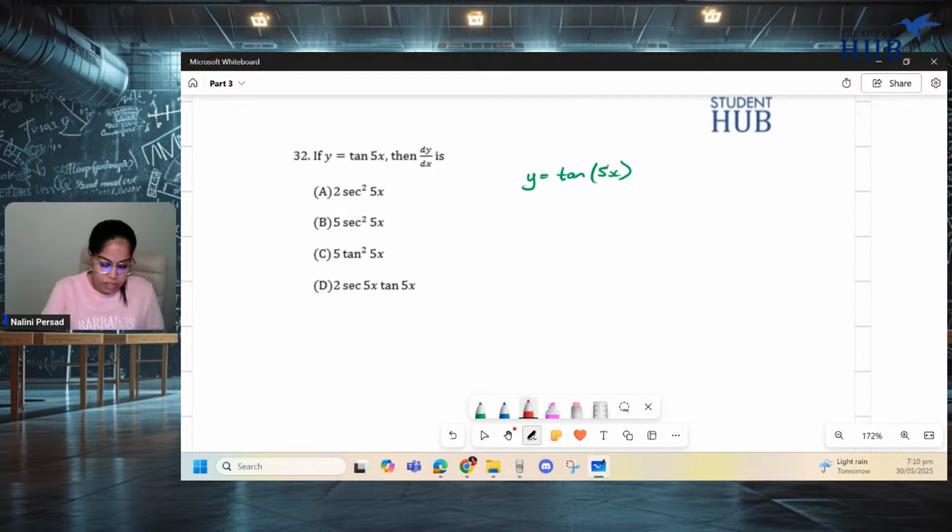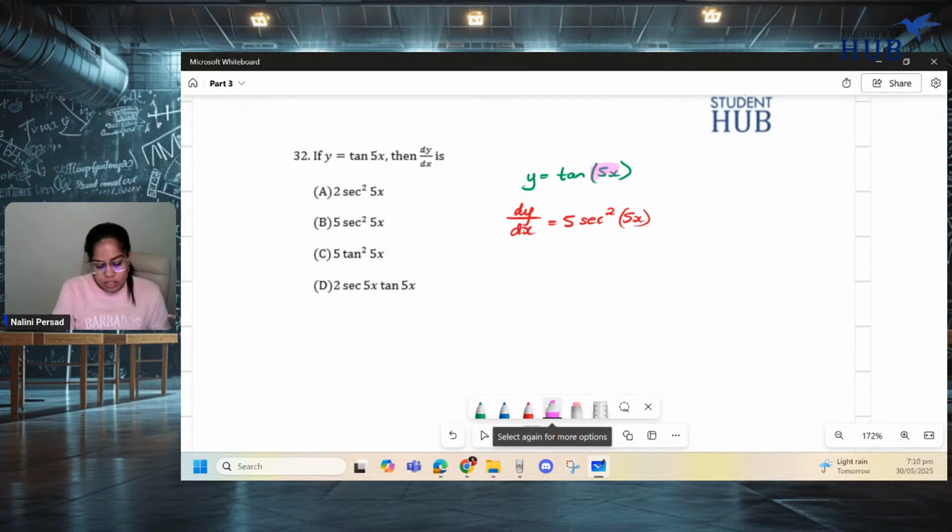But because you have ax plus b, when you differentiate it, you're going to get a times sec squared, and you put back the brackets. It depends on how you learn it off. Technically, you are differentiating inside the brackets. So when you differentiate inside the brackets, you'll get 5. It goes to sec squared, and you put back the bracket. So 5 sec squared 5x, which is option B.